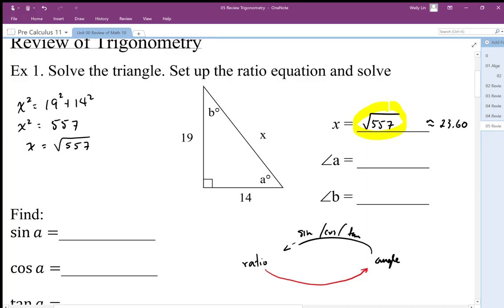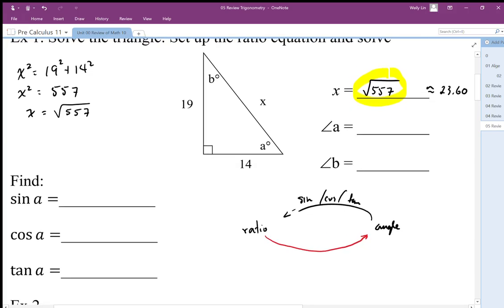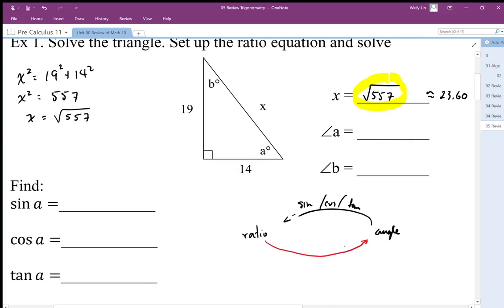They're really describing the same thing, but they're talking two different languages, and we need to be able to convert from one to the other. We convert by using sine, cos, tan going one way, and to go the other way, we use the inverse sine, inverse cos, inverse tan.